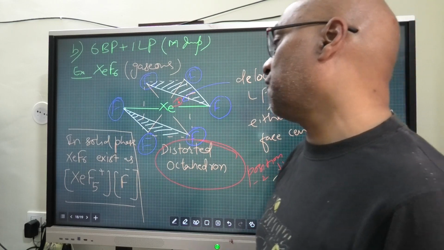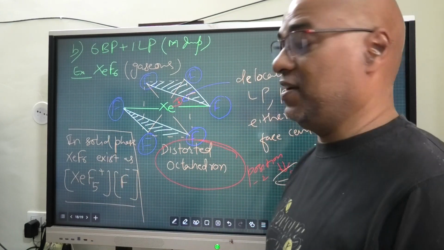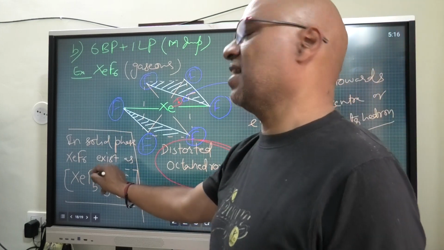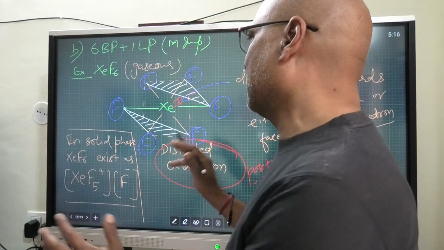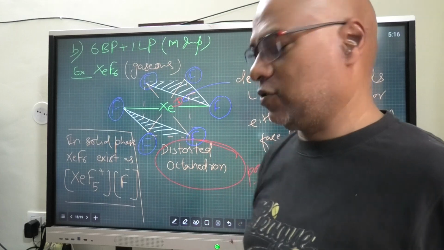So if we apply VSEPR here, then we can decide its geometry also, and that will prove the gas phase structure of this molecule.